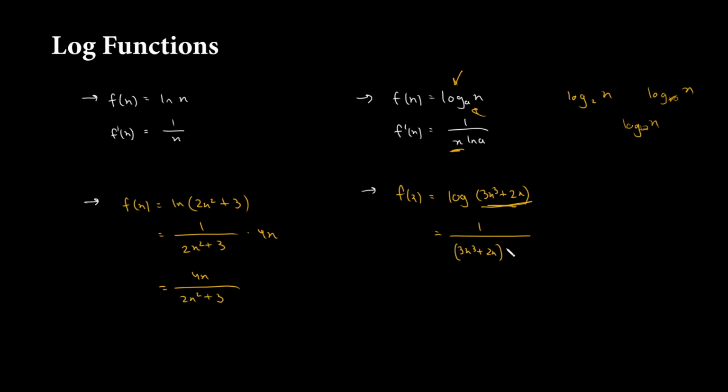And then we would multiply by the natural log of whatever this base number is. When we don't write anything, it's 10, right? So it will be ln 10. Don't forget the chain rule, times 9x squared plus 2. So the final answer would be 9x squared plus 2 over 3x cubed plus 2x times ln 10.